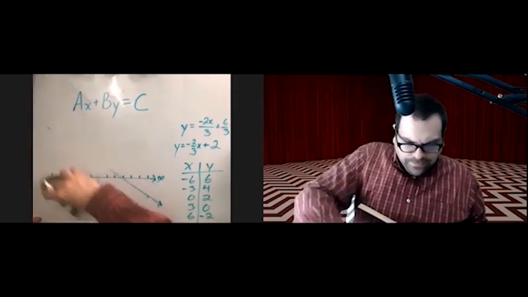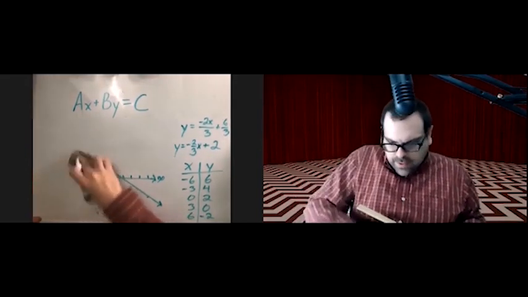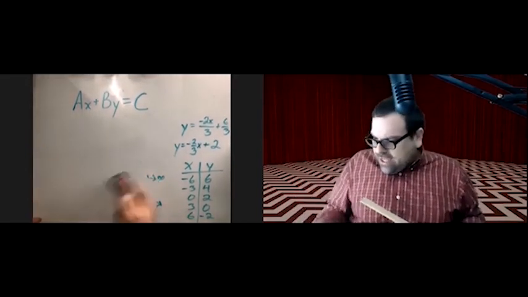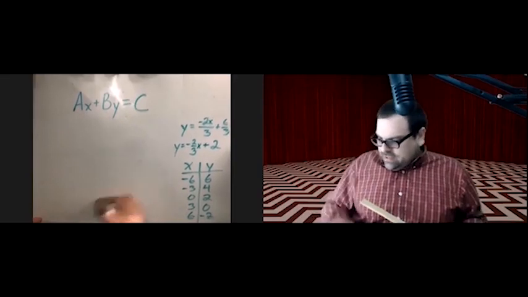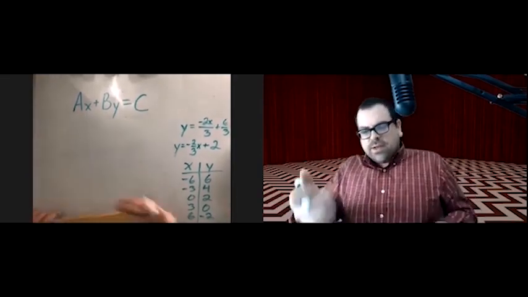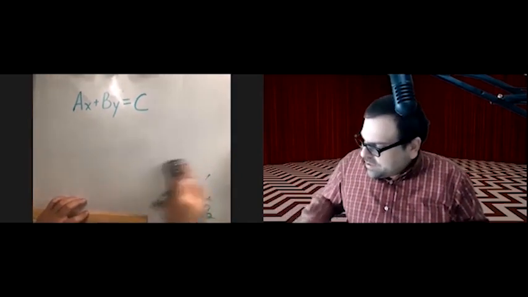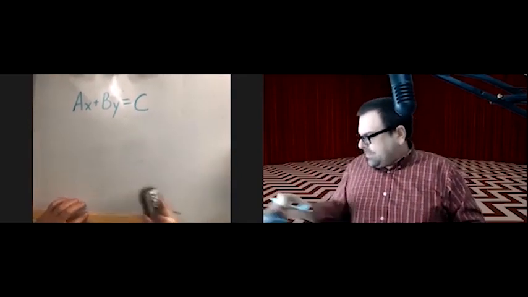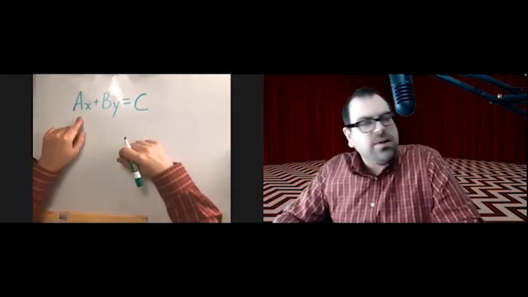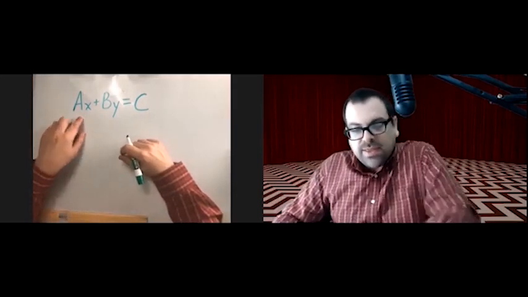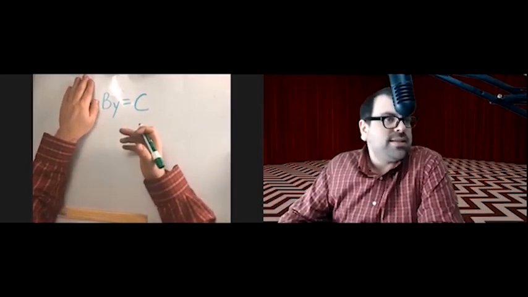Well, the situation where our A is 0 and where our B is 0 is going to cause something similar to checking for intercepts. If our A was 0, then this goes away. There is no x left.